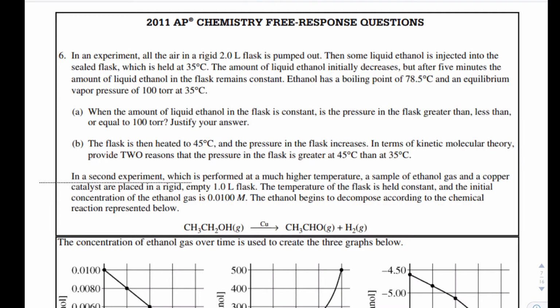The key thing here to answer in question A is they are going to hold the temperature at 35 degrees Celsius.